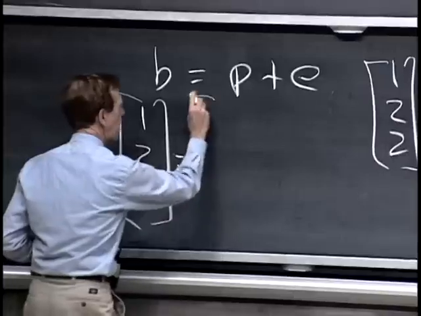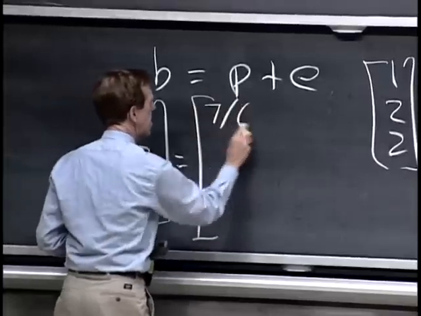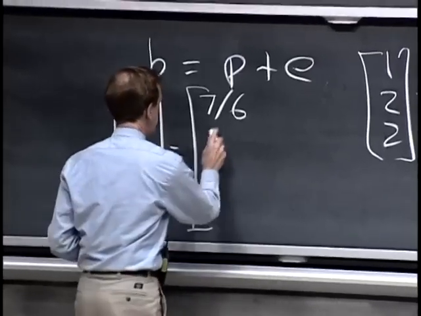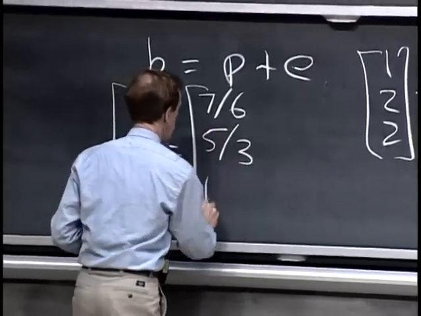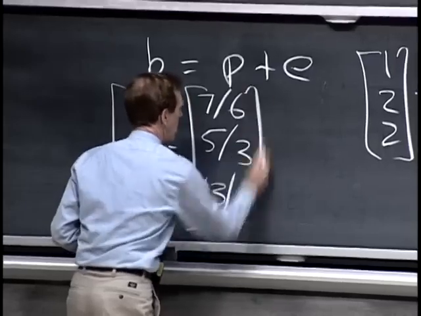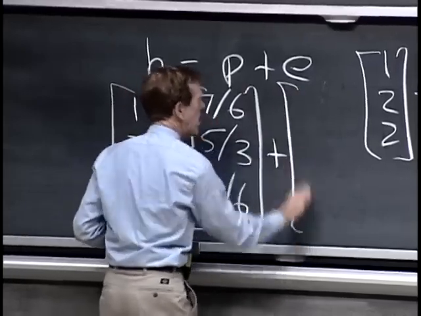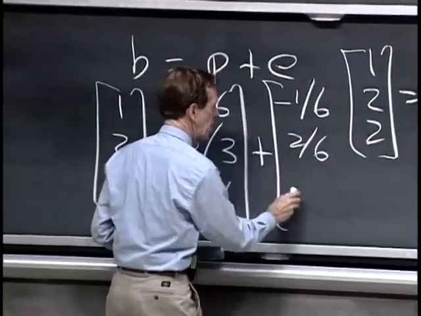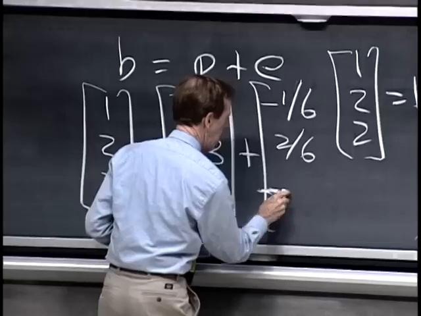The nearest point had 7/6, 5/3 and 13/6. And the E vector was minus 1/6, 2/6, which is 1/3 in other words, and minus 1/6.